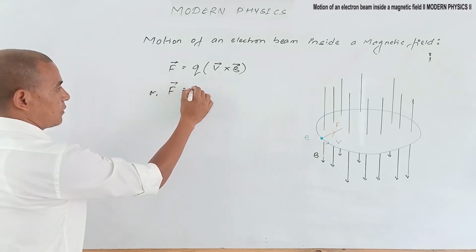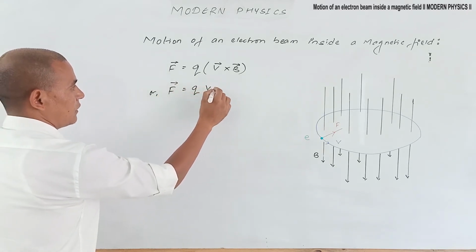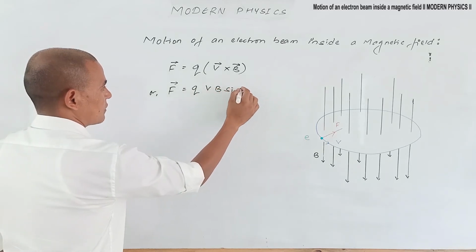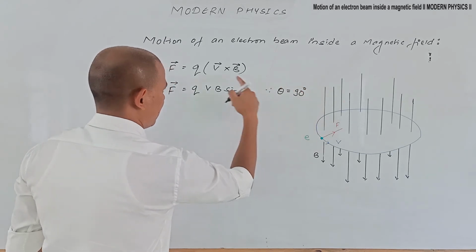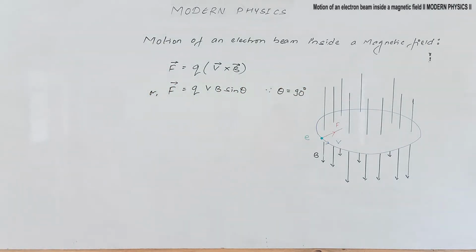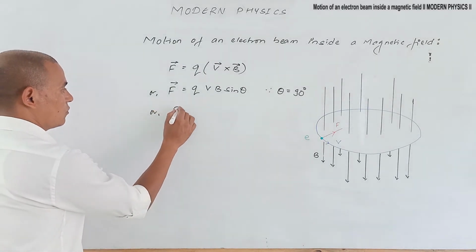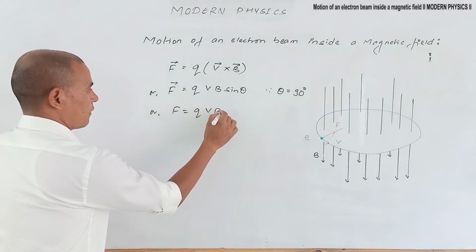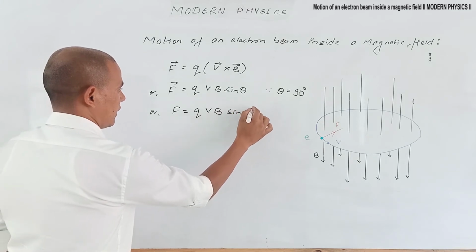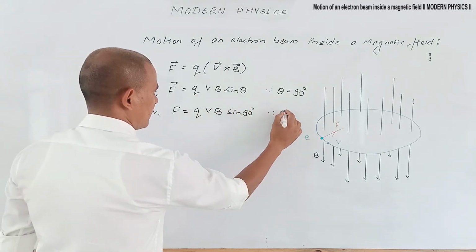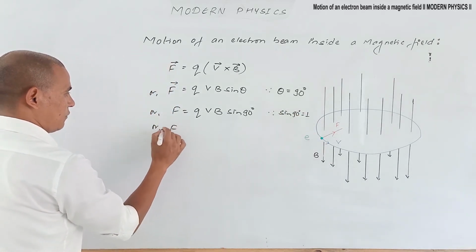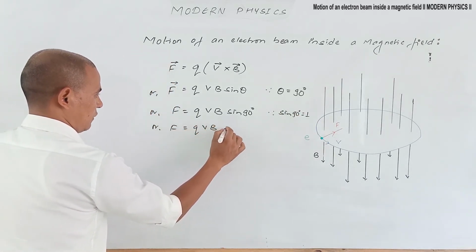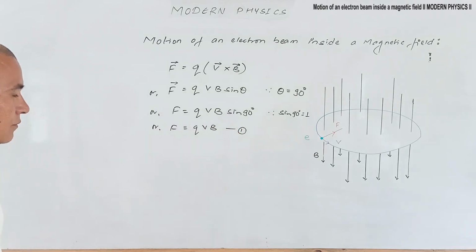So F equals q v B sin theta. Since they are mutually perpendicular, we write theta as 90 degrees, so F equals q v B sin 90 degrees. Sin 90 degrees equals 1, so F equals q v B. This is our first equation.